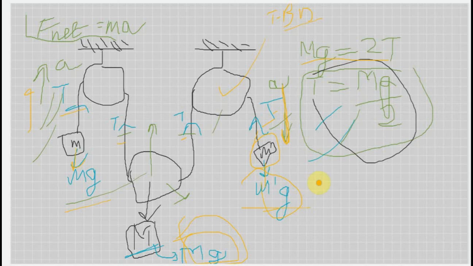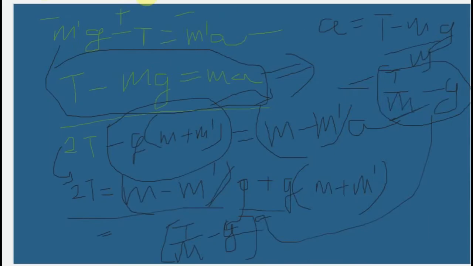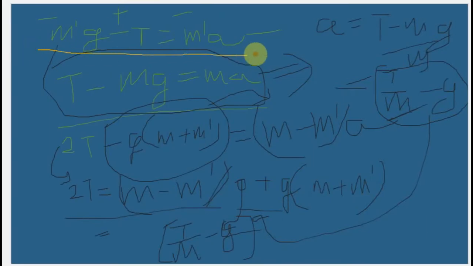So we can write that m prime g minus tension T is equal to m prime a. That means m prime g minus T is equal to m prime a. Please neglect these things at first. What I tell, please follow.